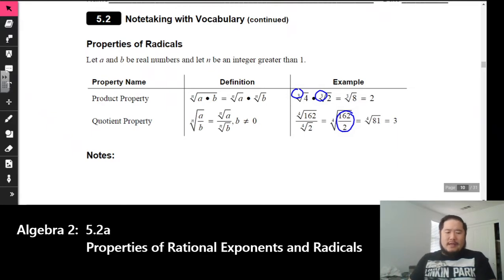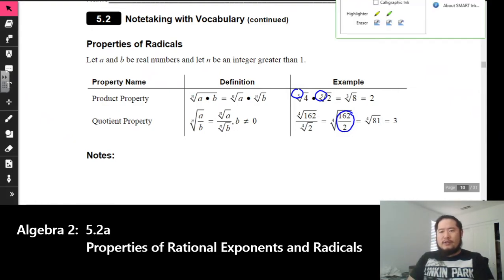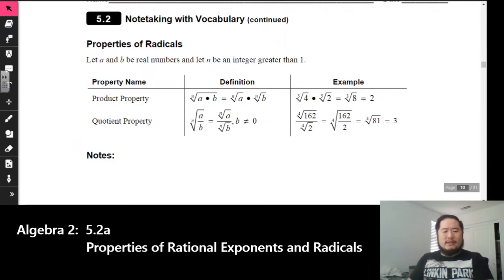We'll learn how to fix that problem later on. But for now, just think. I can possibly split apart the fractions or bring them together and then simplify it first before I take whatever the index is, whether it's square root, cube root, 4th root, etc.